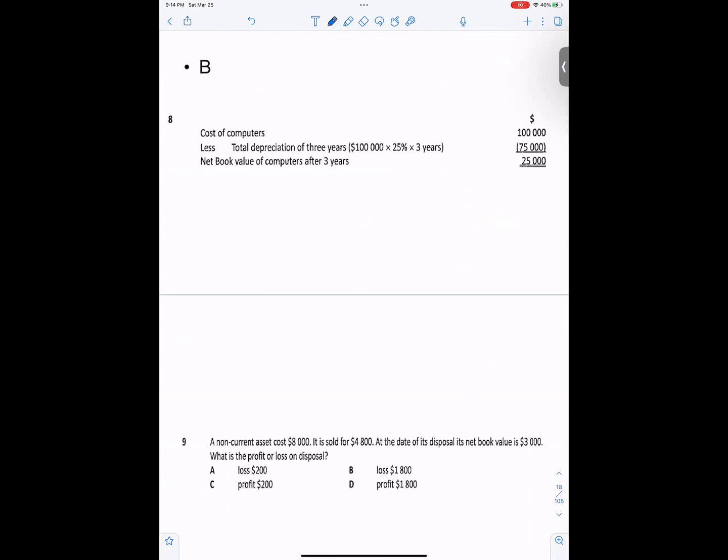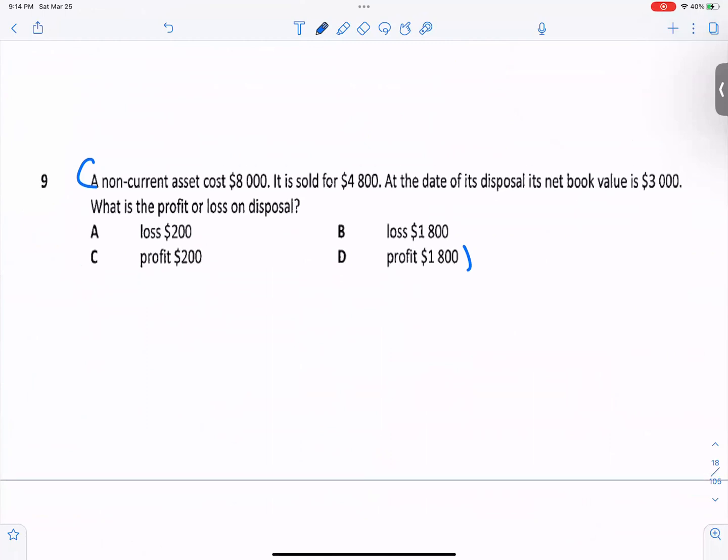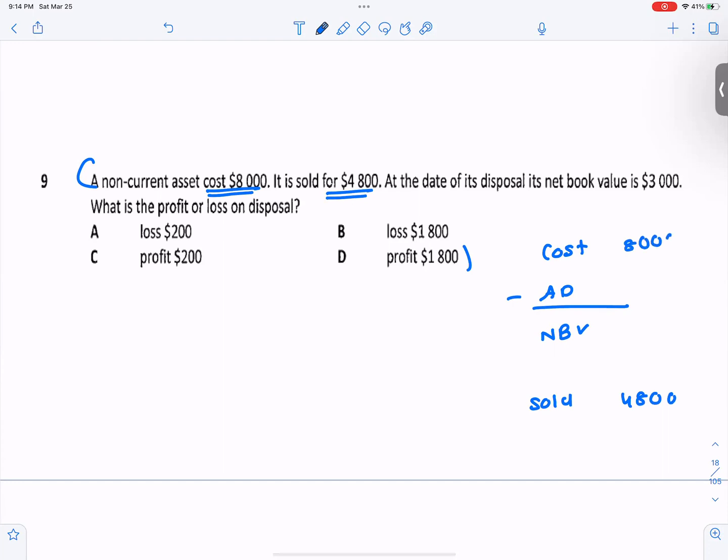Ninth one. Non-current assets cost is 8,000. Sold for 4,800. Cost minus accumulated depreciation gives me net book value and it is sold for 4,800. Cost is 8,000. Accumulated depreciation is, I don't know, but I know the net book value.